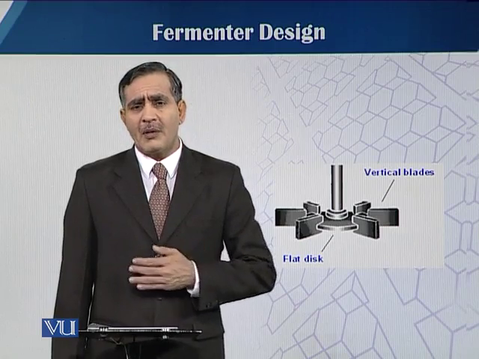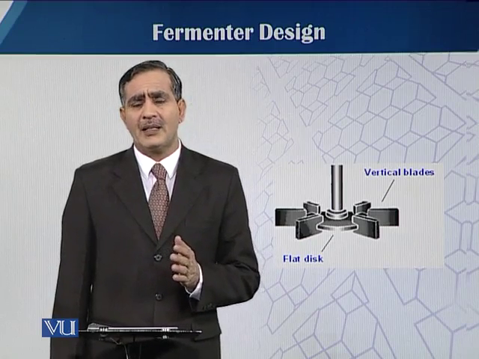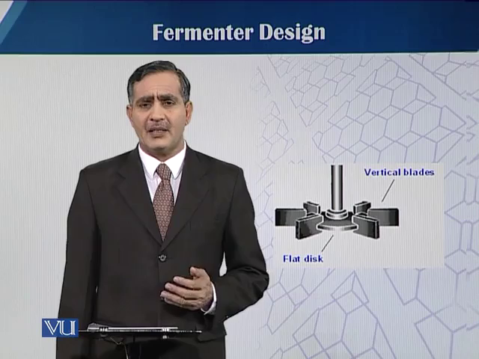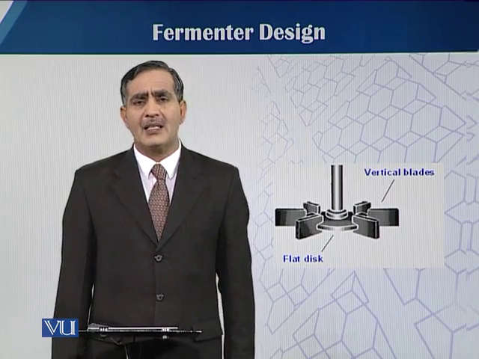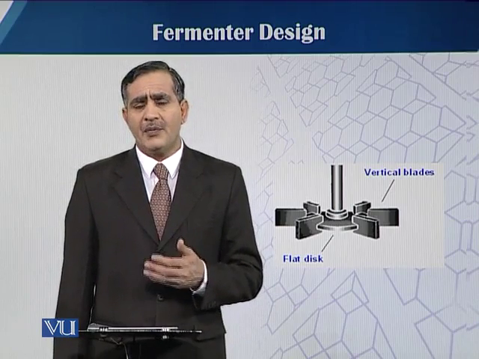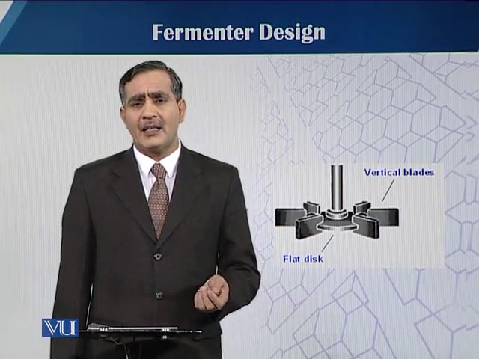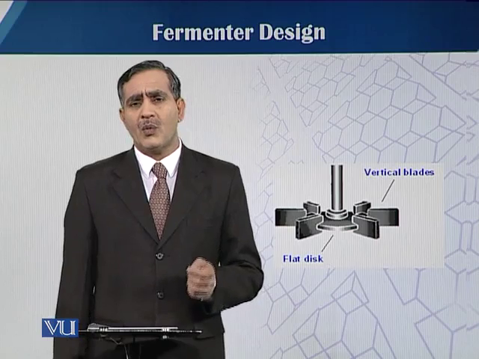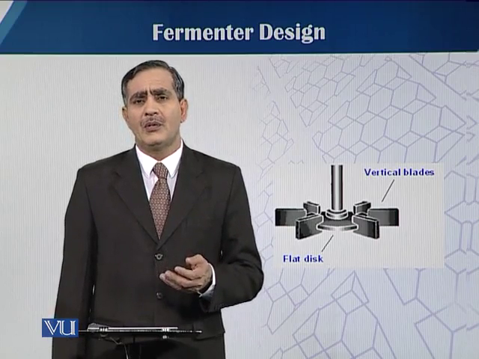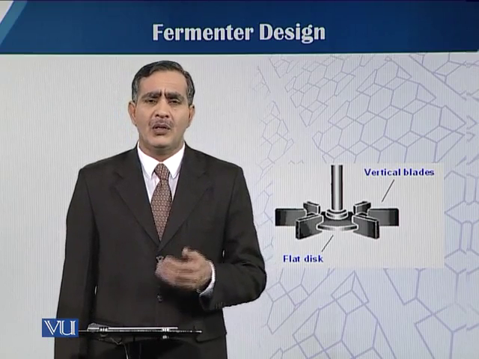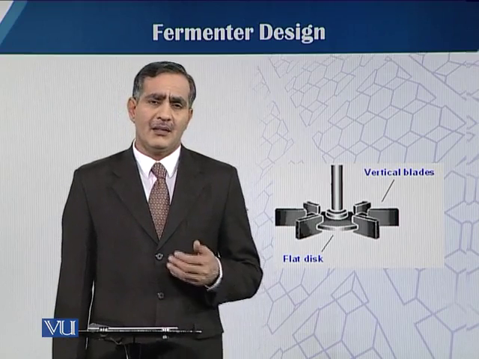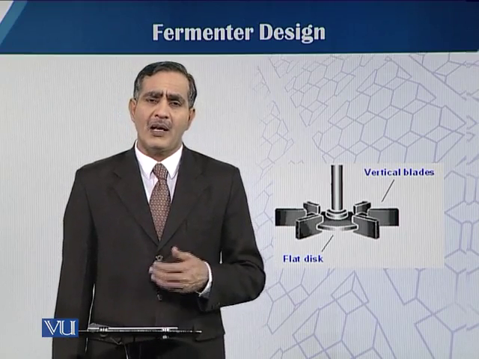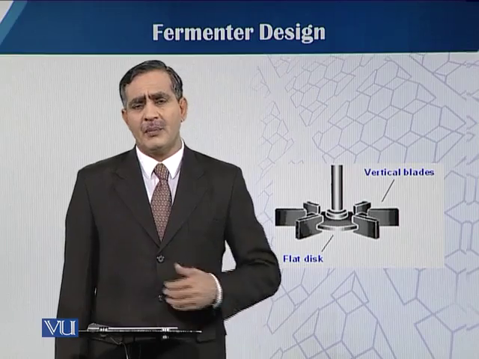If there is more resistance, then there will be more shear. That's why in radial flow impellers the maximum effort is to convert that power into creating a greater shear effect while working in a fermentation vessel.